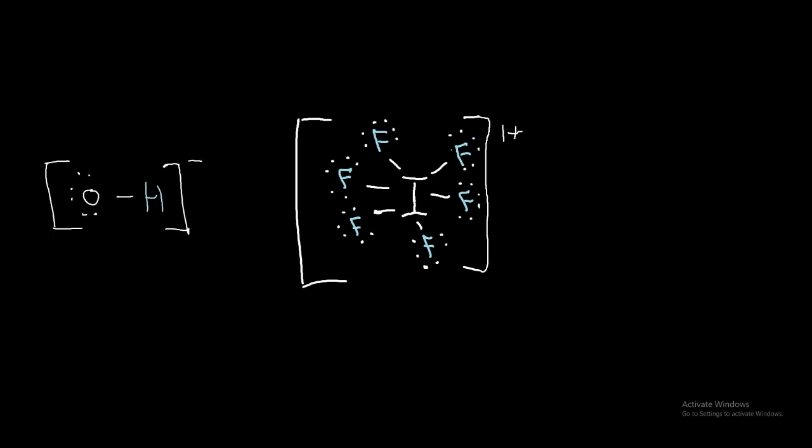Now, as for the intermolecular forces, we can see that if we had IF6 1+ go near or bond with something that had a negative charge, they would actually be attracted. There would be a force of attraction between them because opposite charges attract.